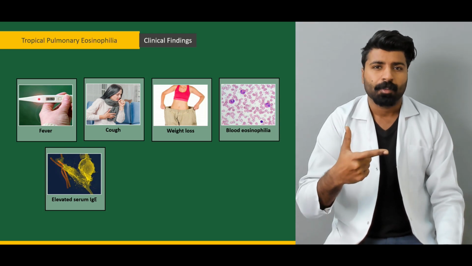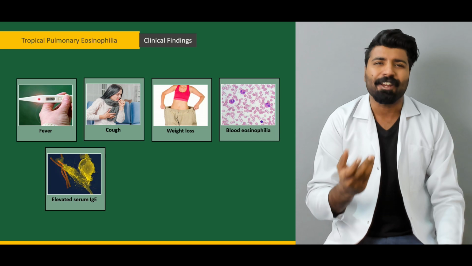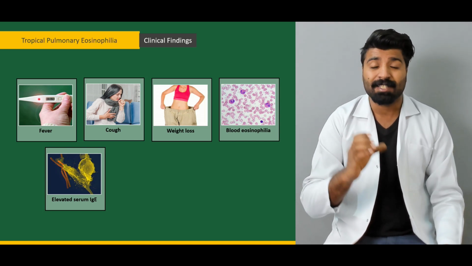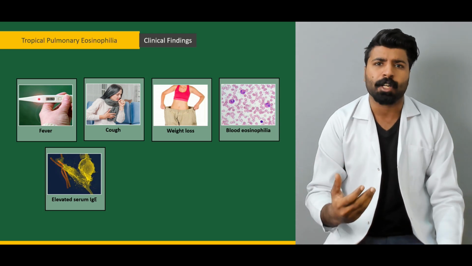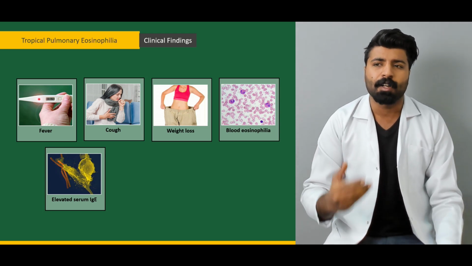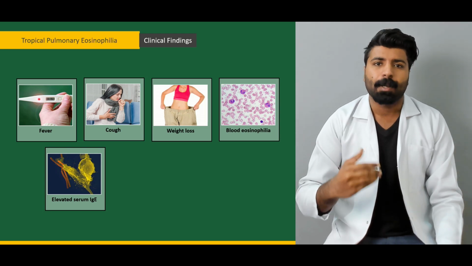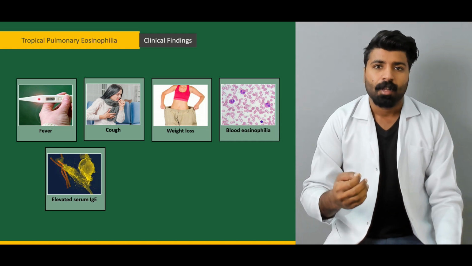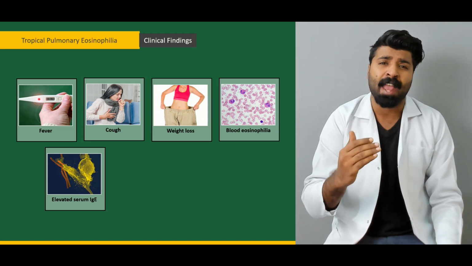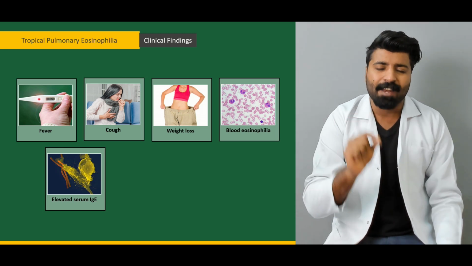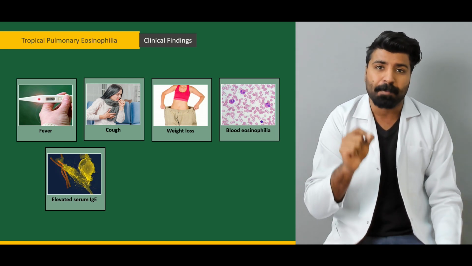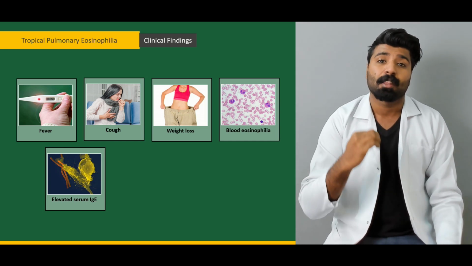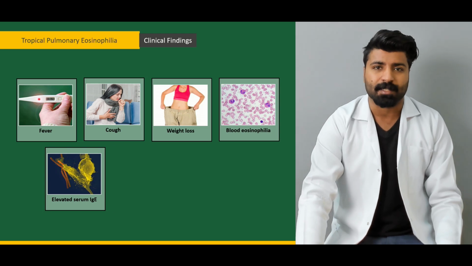Second, your body identifies this foreign material and is sensitized towards it, so it will produce IgE to try to combat it. But in return you will have these hypersensitivity reactions. This IgE production will enhance, and you will get elevated serum IgE because of the hypersensitivity reaction going on inside your body, plus the body is producing more and more IgE.